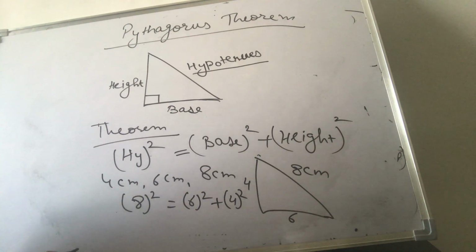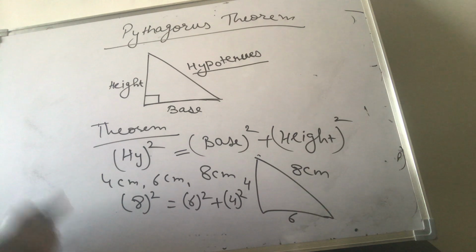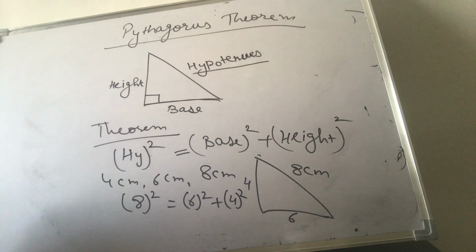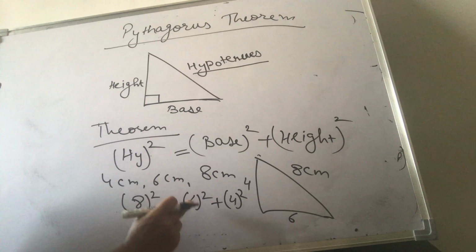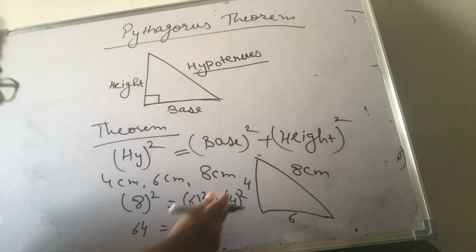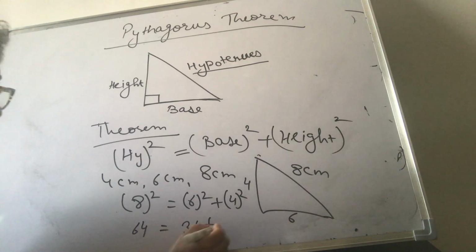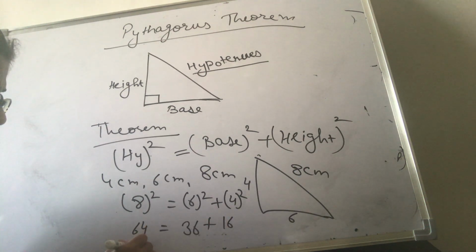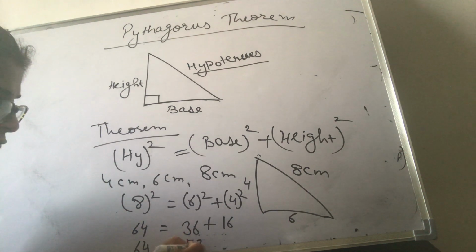8 square means 8 multiply 8. Now remember the chapter of exponents. Power 2 means 8 will be multiplied by itself, not by 2. 8 8s are 64. 6 square means 6 multiply 6. 6 6s are 36. 4 square means 4 4s are 16. This is 64. 36 plus 16 will be 52.